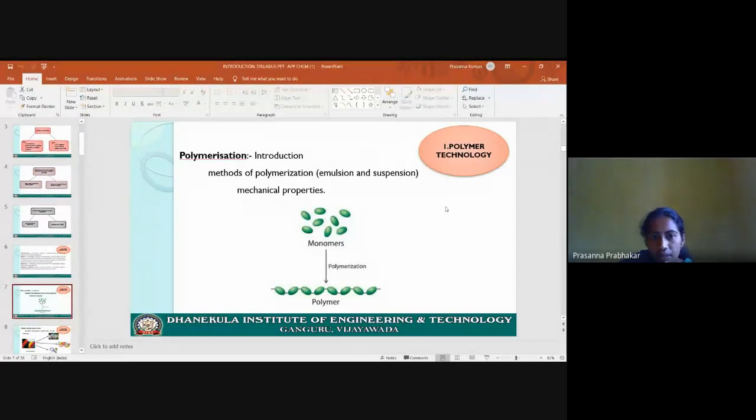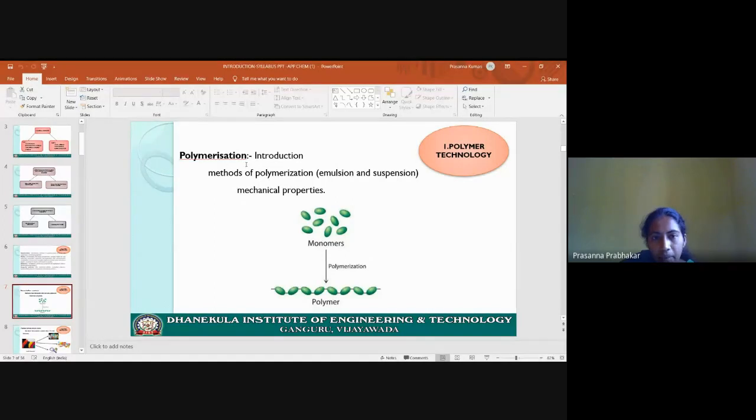The first topics are what a monomer is, what a polymer is, how polymers form by the combination of monomers, how many types of polymers are available, the classification of polymers based on monomers, and finally the physical and mechanical properties of polymers. All this will be discussed in detail in our further classes.